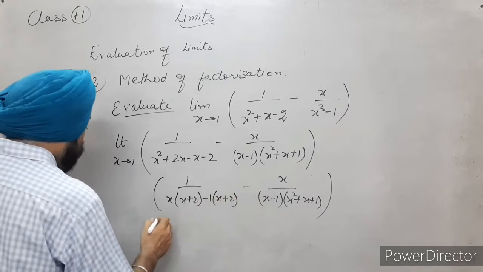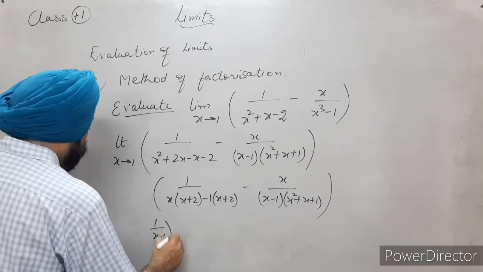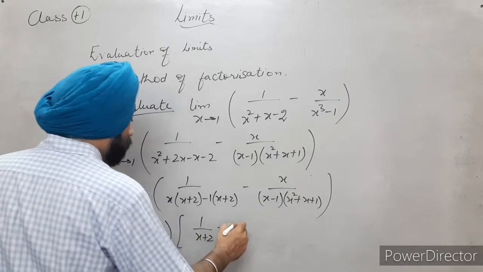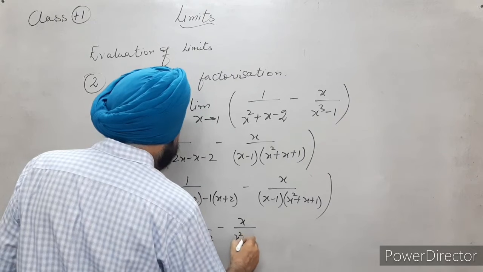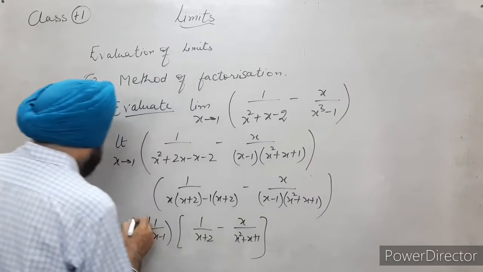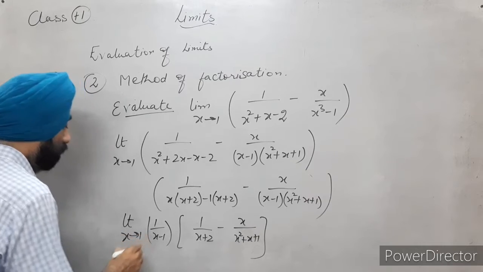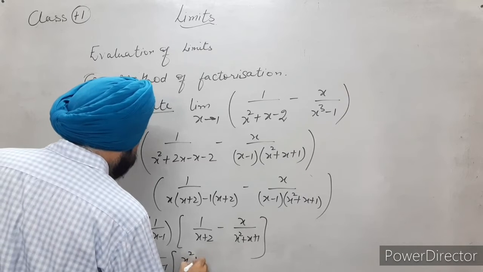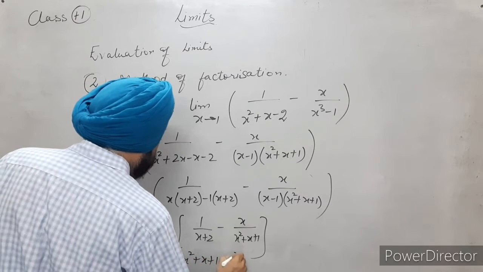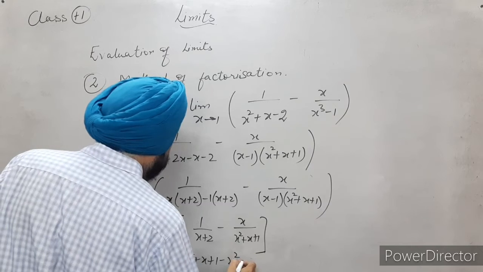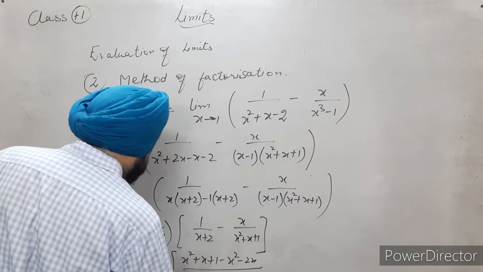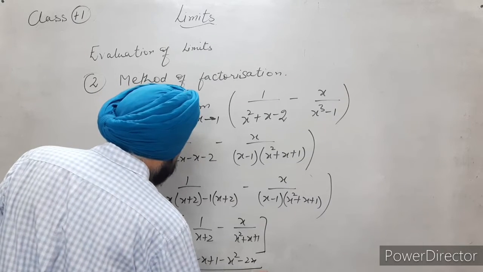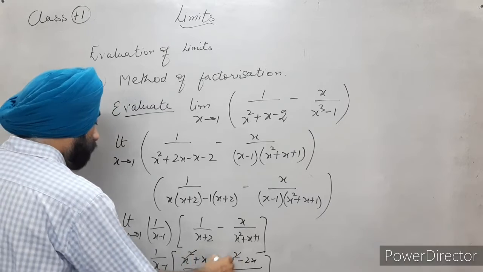Now 1 upon x minus 1 is common, take it out. I get 1 upon x minus 1 times [1 upon (x plus 2) minus x upon (x square plus x plus 1)], limit x approaching 1. Taking the LCM, it's (x square plus x plus 1 minus x square minus 2x) divided by (x plus 2)(x square plus x plus 1). x square with x square cancels.